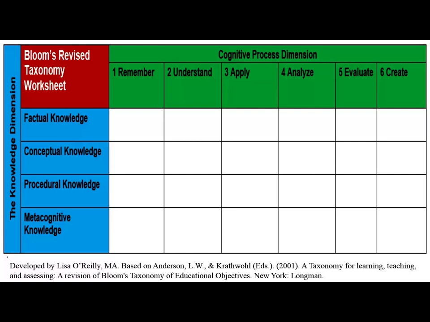What about you, Diane? What do you got? I said after successfully completing this course, the student will plan and evaluate a developmentally appropriate lesson plan. Plan and evaluate a developmentally appropriate lesson plan. So where would you place that on the chart here? Well, they would have to understand, apply, and create, I would think.